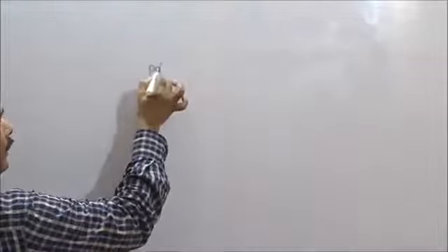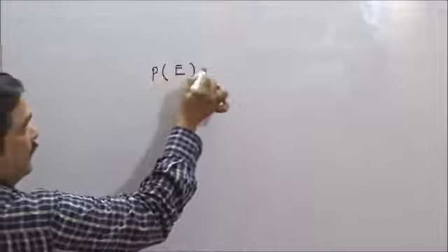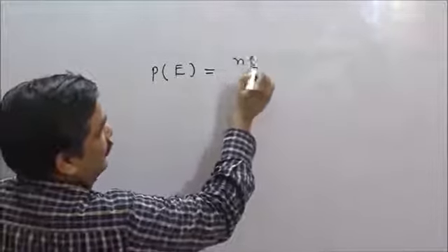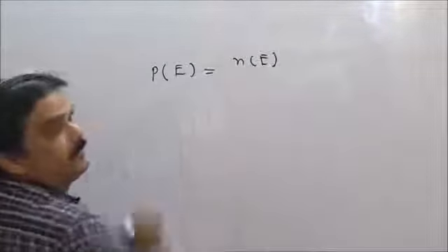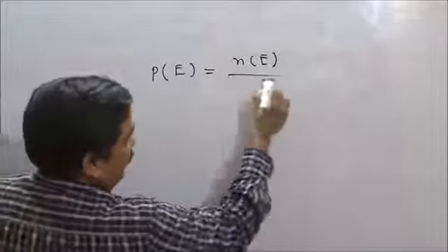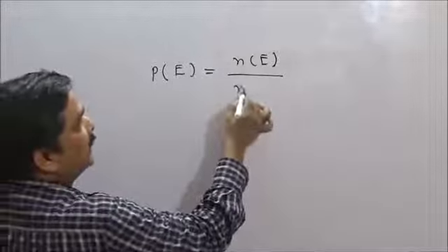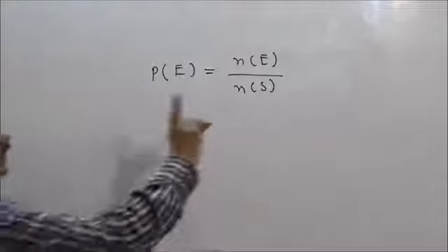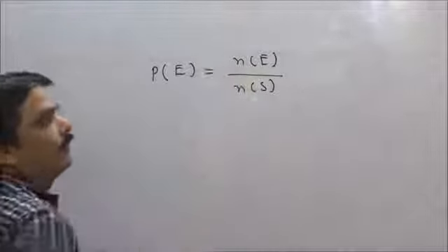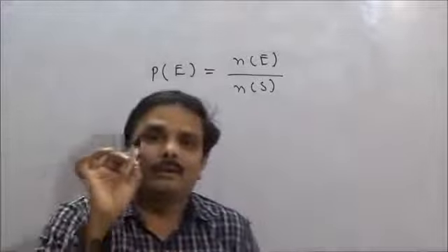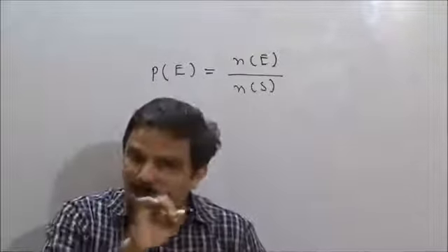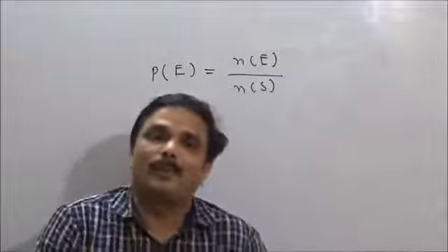So here I have given you the formula: probability of an event is equal to number of desired events divided by sample space. Now let us discuss the general terminology used in mathematics for probability.